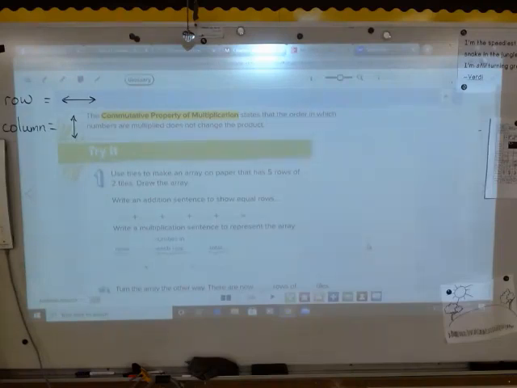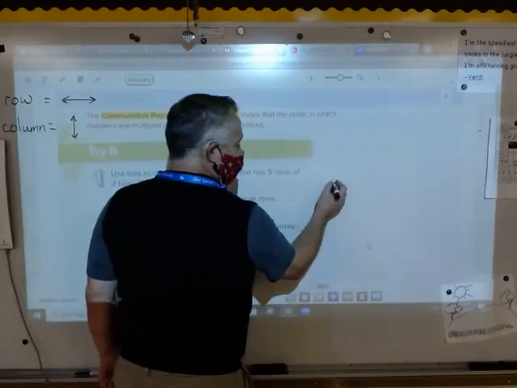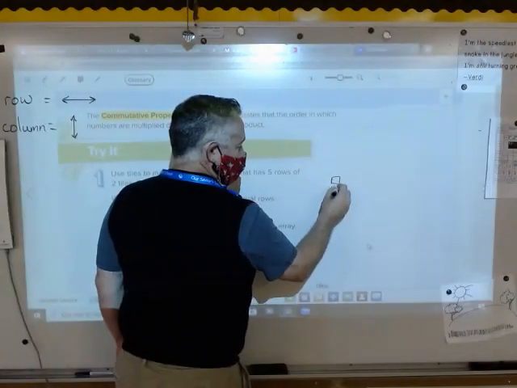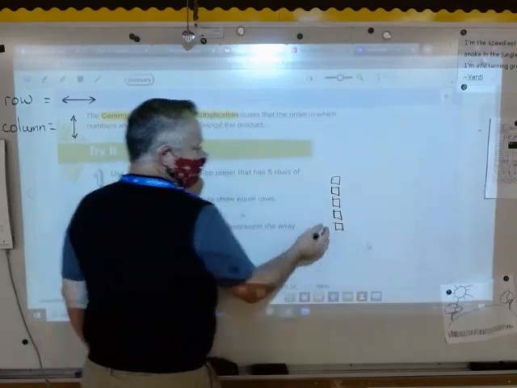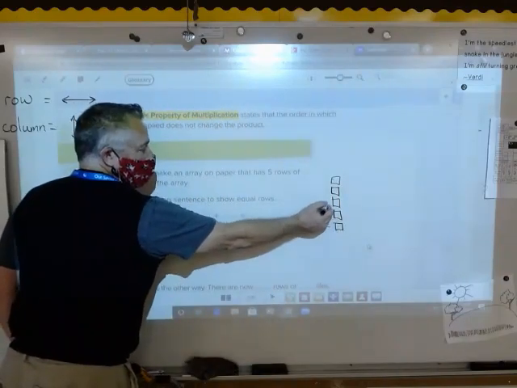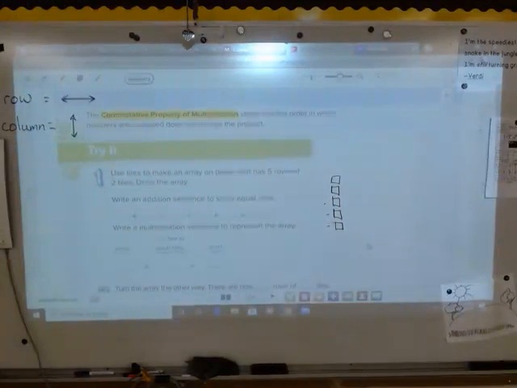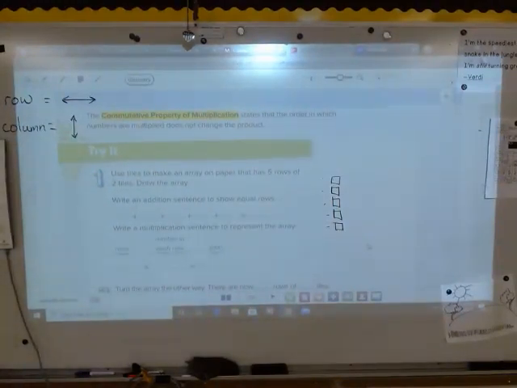Raise your hand if you want a hint. Okay? Since I'm doing 5 rows, those will be my rows. 1, 2, 3, 4, 5 rows. And I need 2 in each row. So 5 rows of 2 tiles.